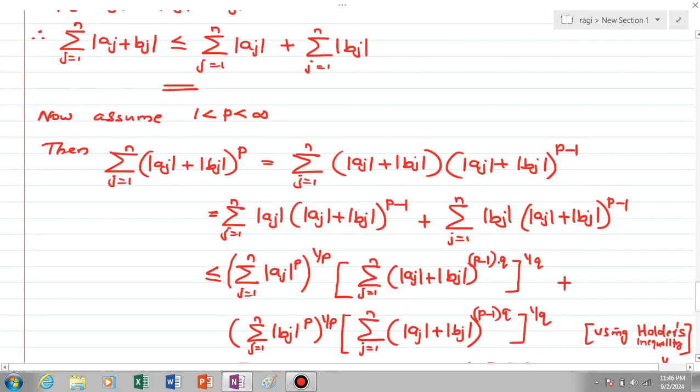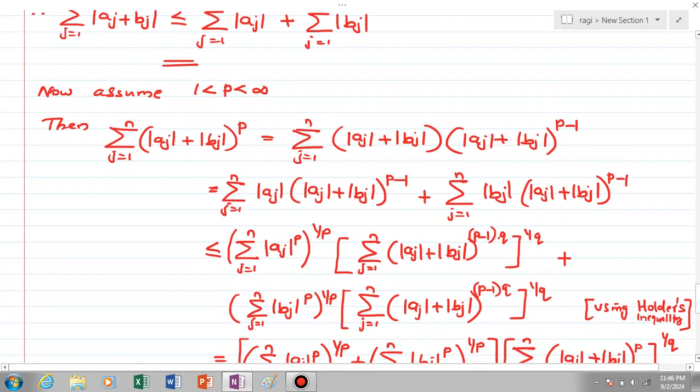Now we are applying Hölder's inequality in each of the summations. So we get this is less than or equal to (Σ_{j=1}^n |a_j|^p)^{1/p} (Σ (|a_j| + |b_j|)^{(p-1)q})^{1/q}.